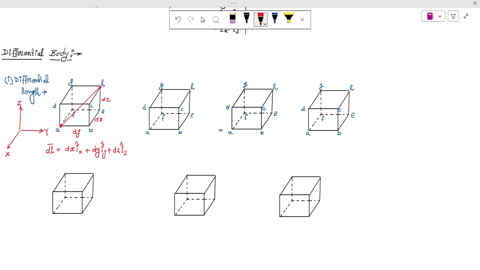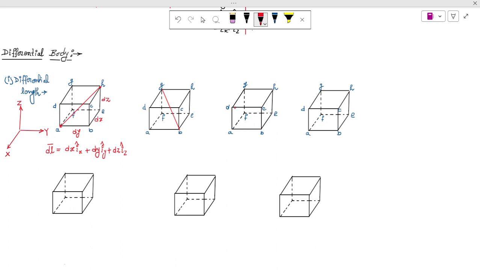So there will be four differential lengths. That's why this is the first, AH, and it is a vector. It may be along A to H or H to A, whatever. Next, consider from B to G. This is also a differential.